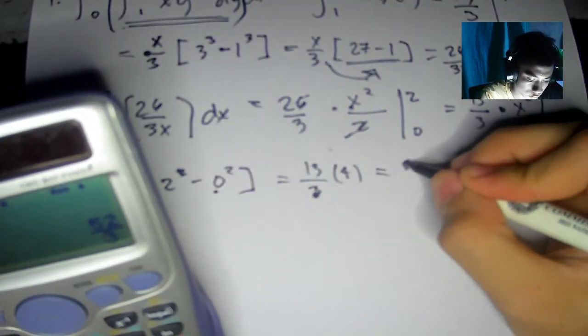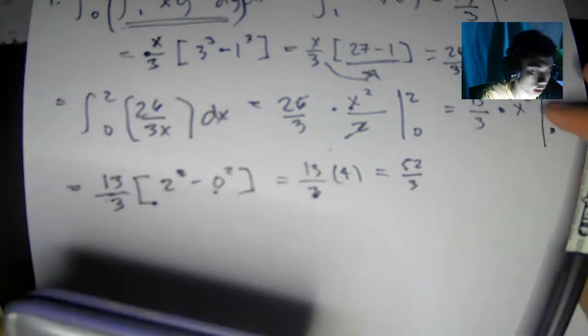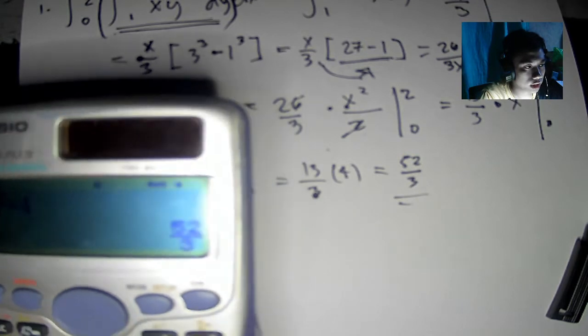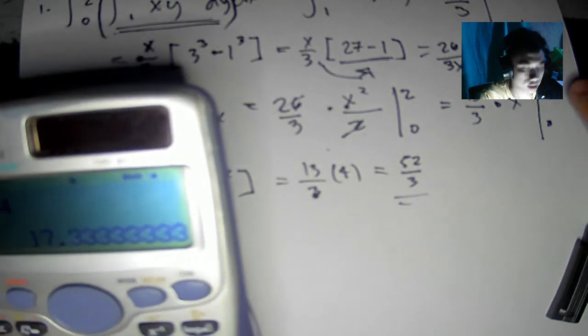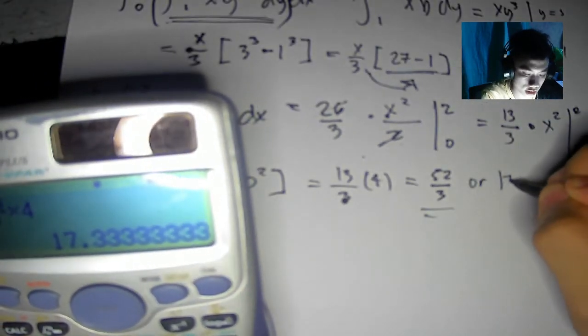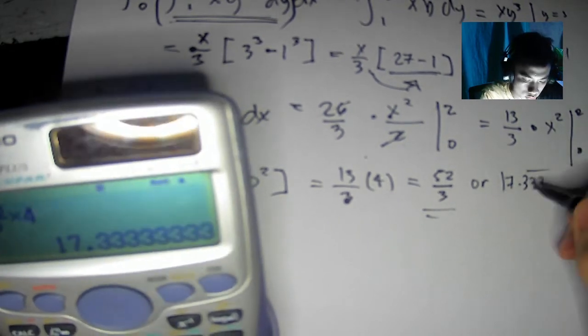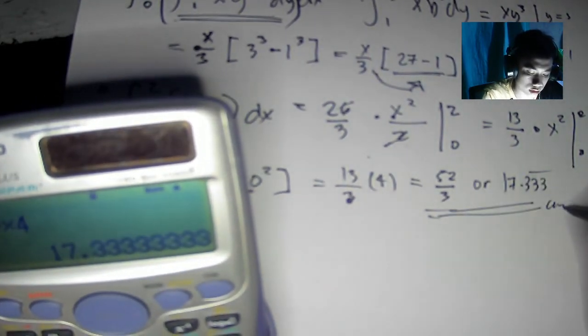I'll just input that. We'll have 52 over 3. So our answer is 52 over 3. What is the other value of 52 over 3? 17 and 1/3. So that is our answer.